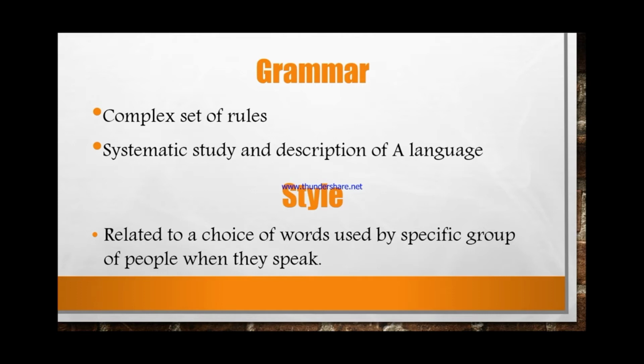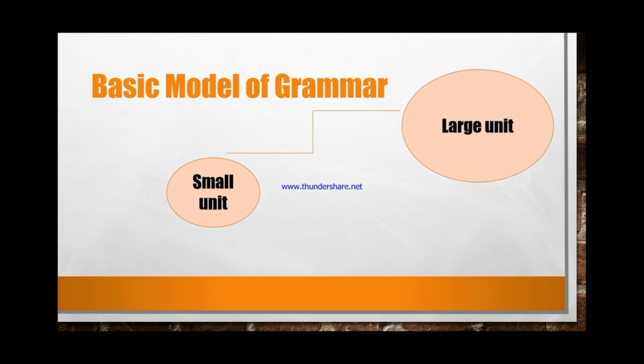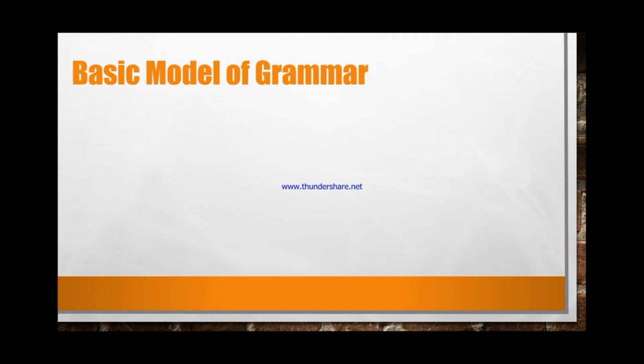There is a basic model of grammar. A model of grammar is a hierarchy from small unit to large unit. This hierarchy is called the rank scale. This is the small unit in the basic model of grammar.